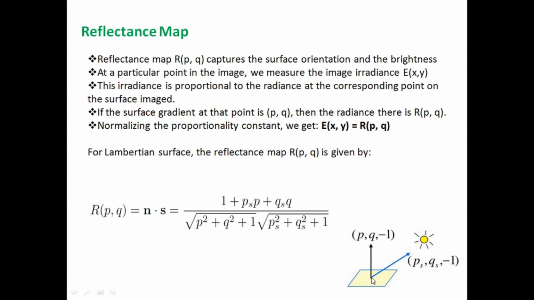So let me assume this as my point. At this point my radiance will be R of P comma Q. But in the image plane, what are the coordinates for that point? It is x comma y.